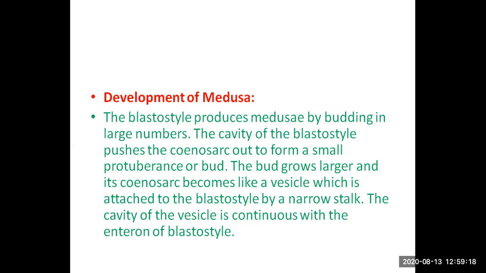The bud grows larger and becomes like a vesicle, which is attached to the blastostyle by a narrow stalk. The cavity of the vesicle is continuous with the enteron of the blastostyle.